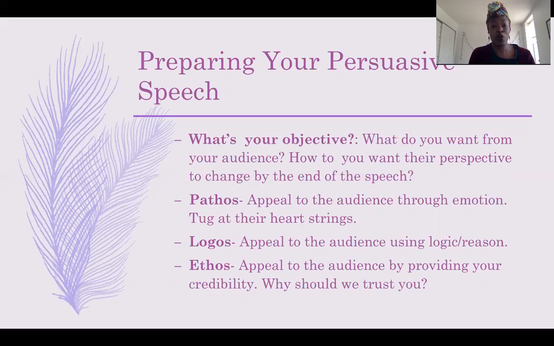Okay. So there are three techniques that we want to keep in mind and use when creating our persuasive speech. We discussed a little bit of this in a previous class, talking about pathos, logos, and ethos. So pathos is you're appealing to your audience through your emotion, right? So you're tugging at their heartstrings.